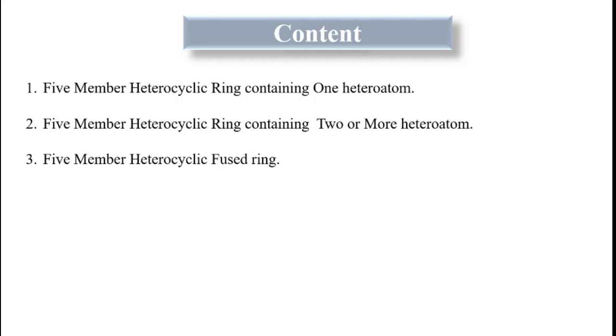After that, we will discuss the 5-member heterocyclic ring containing two or more than two heteroatoms. And after that, we learn about 5-member heterocyclic fused ring. So let's start our today's session.